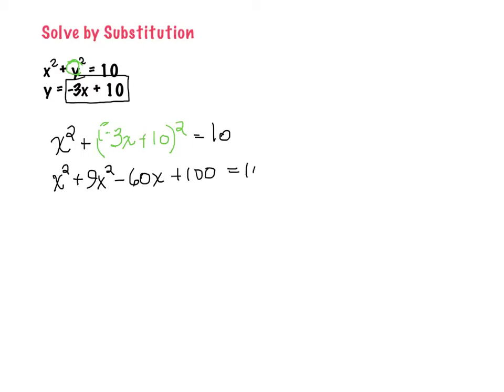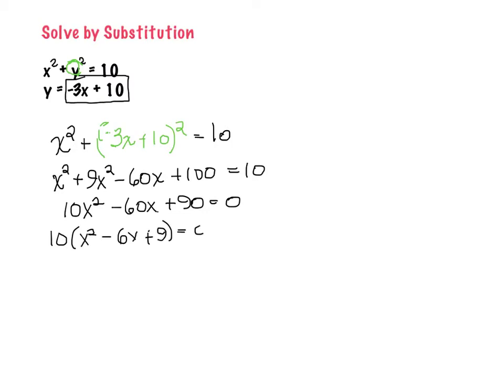And that's going to equal 10. I'm going to combine like terms. I'm going to take out a 10. And I'm going to factor this as x minus 3 quantity squared, which means my solution is x equals 3.